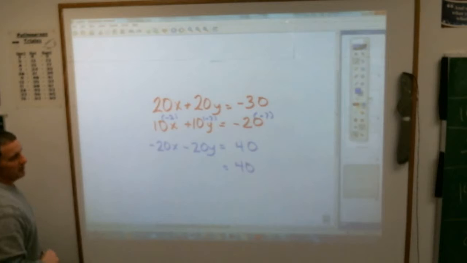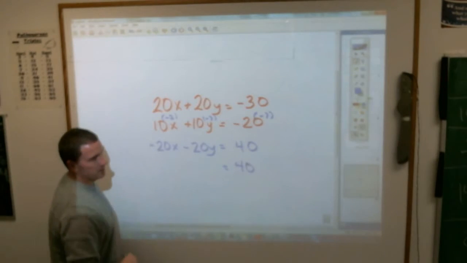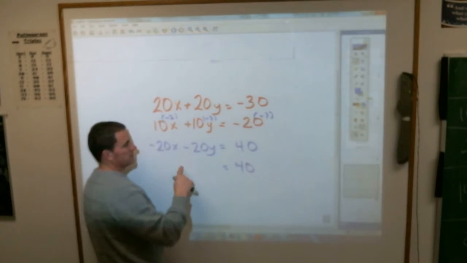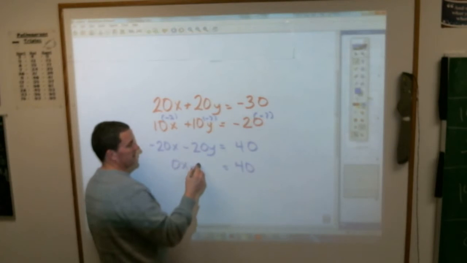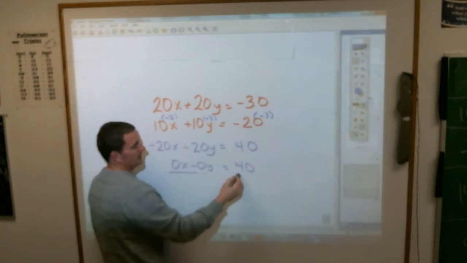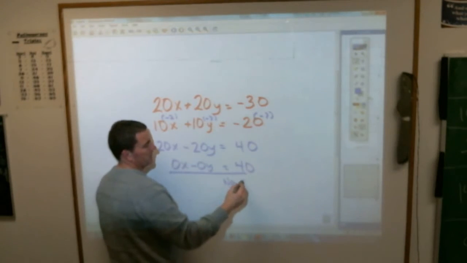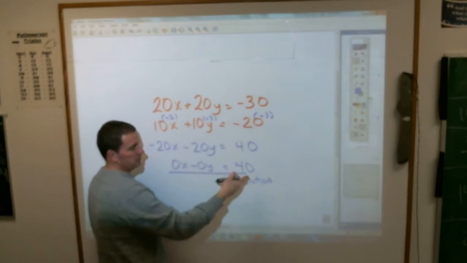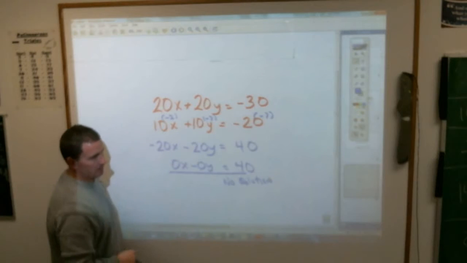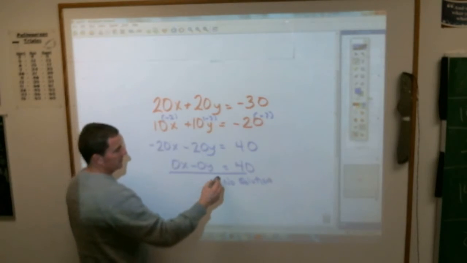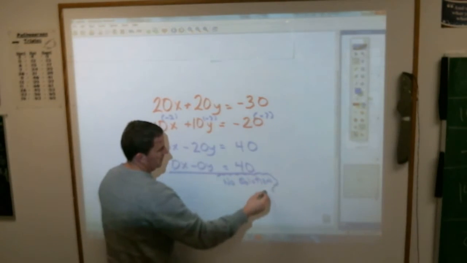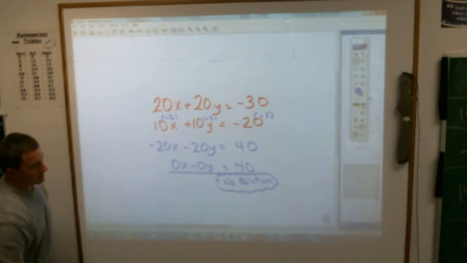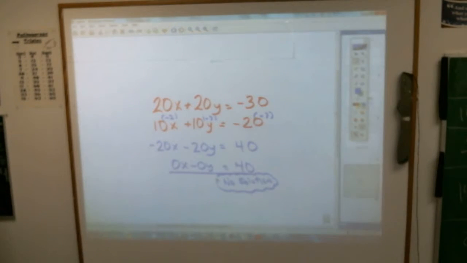So they're not the same line. If they were the same line, that would be infinite solutions. Here you get 0x minus 0y equals 40. That's no solution, because you can't do that. In other words, these lines are parallel if you were to graph them. So thank you for whoever suggested we do that one.